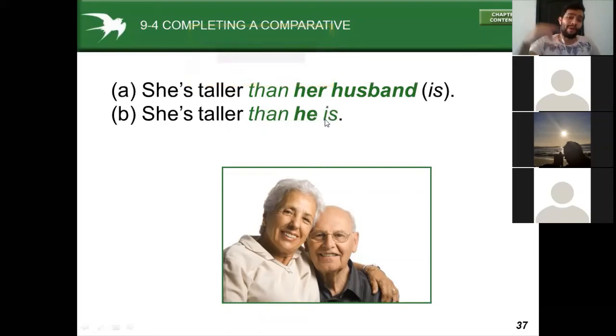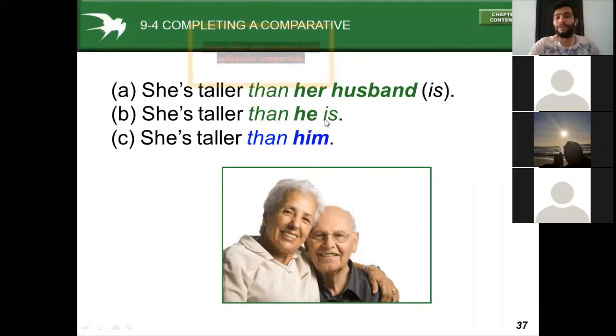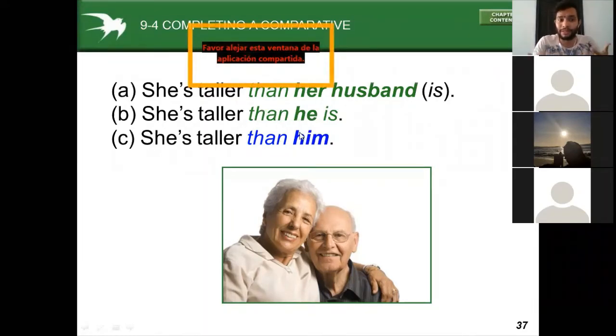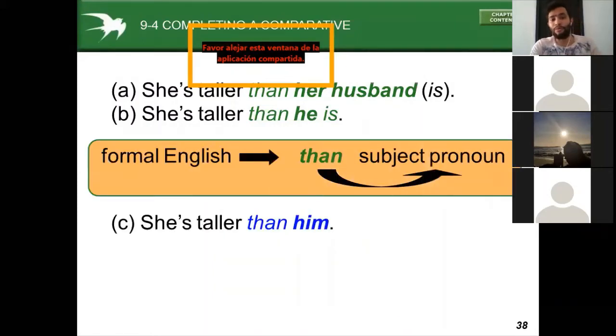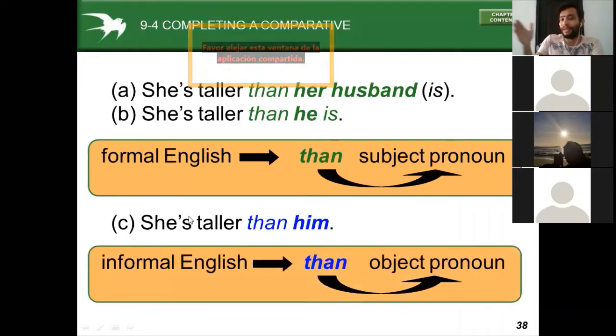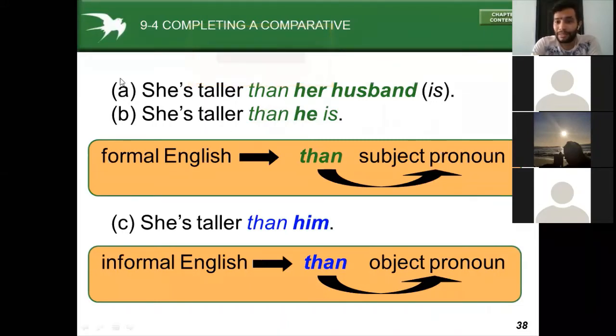If we want to make it informal, then we use the following form. That is the form that you normally use, right? She's taller than him, and here it's more visible that it is informal. So we use the formal form of the comparisons in English with then, or after then, with the subject pronoun, and we use the informal form of the English comparative after then with the object pronoun.